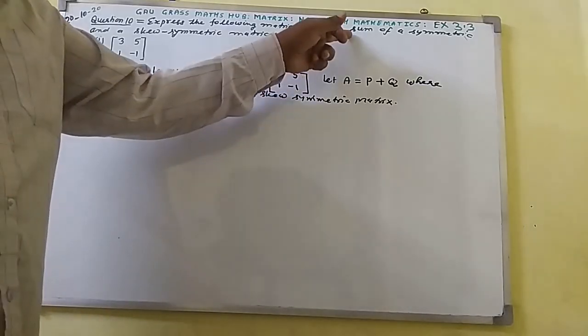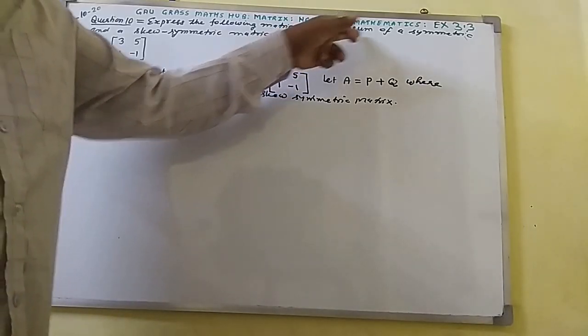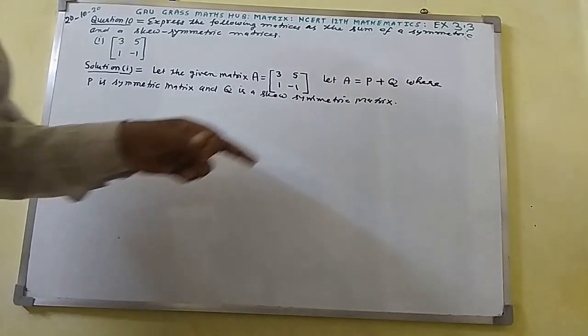So it is written in the given question, sum of a symmetric matrix and a skew symmetric matrix.